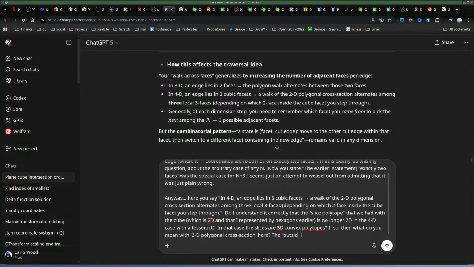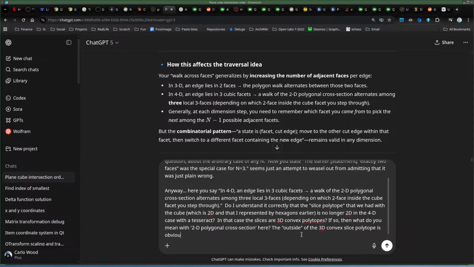So the outside of the 3D convex slice polytope, let's throw it all in one heap, is obviously 2D and built up from 2D polygons.